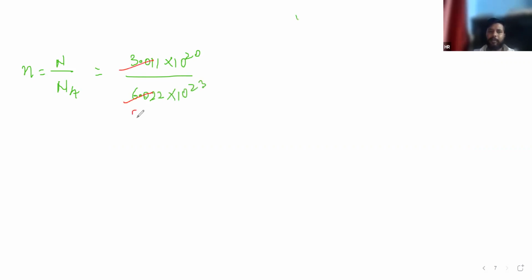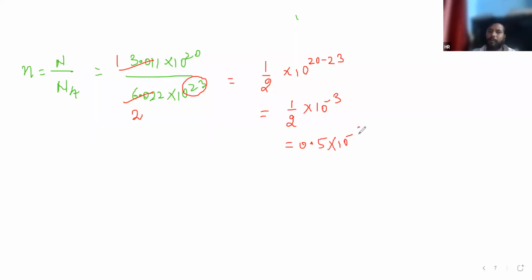It will be cancelled to 1 by 2, and when 10 raised to the power 23 moves to the numerator, it will have a negative sign. Then 10 raised to the power 20 minus 23 will be equal to 1 by 2 into 10 raised to the power minus 3, or 0.5 into 10 raised to the power minus 3 moles. Okay, Arslan, got it?